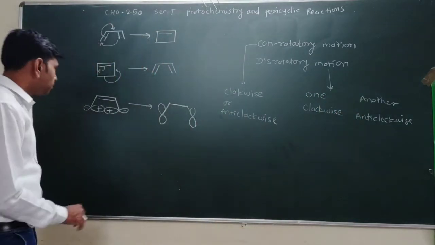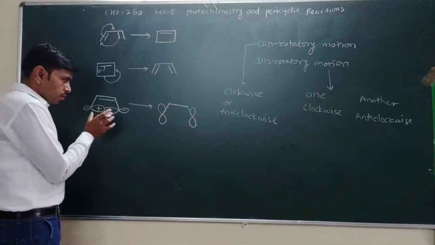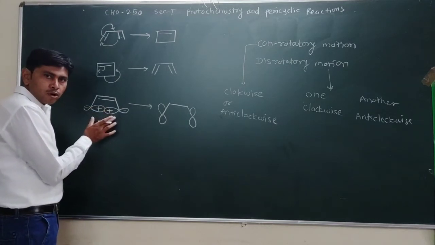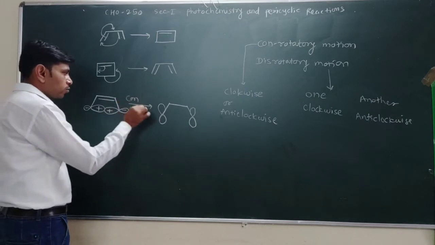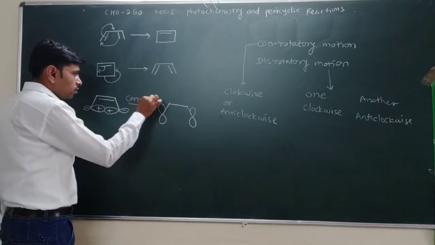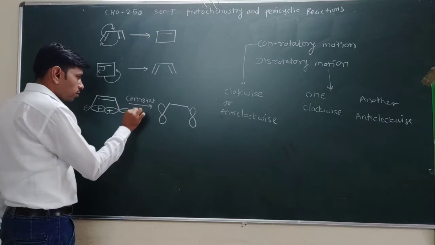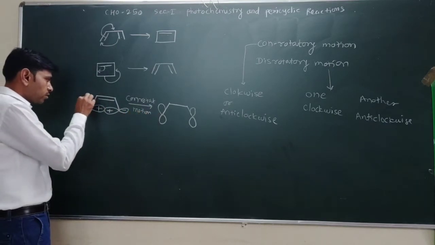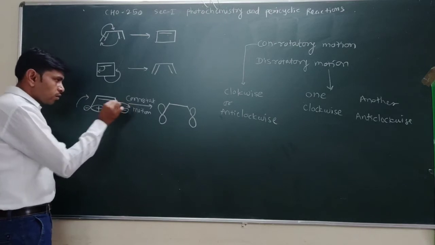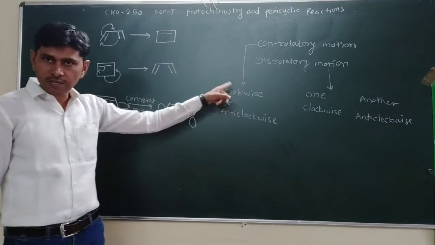Let's see by example. This bonding orbital, when rotated by conrotatory motion. In conrotatory motion, when this rotates clockwise, the other also rotates clockwise. Both rotate clockwise here first.